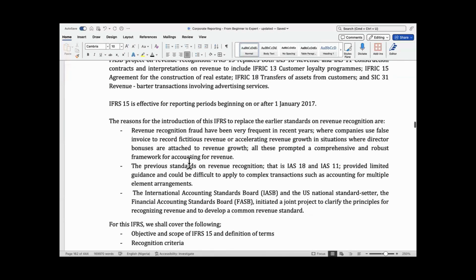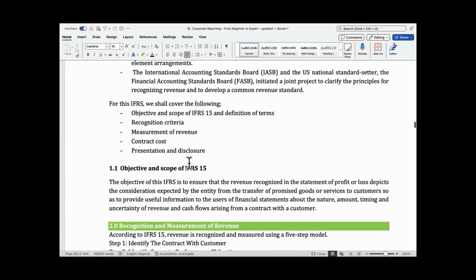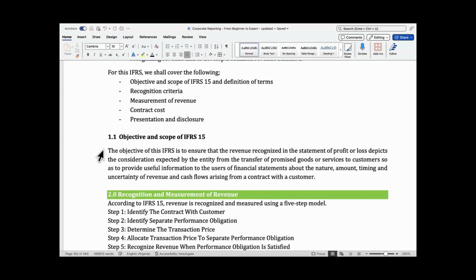If you remember last week, the way I started, I told you the core principle of IFRS 15. The core principle is that the revenue that is recognized in the statement of profit or loss must show the consideration expected by an entity from the transfer of promised goods or services.